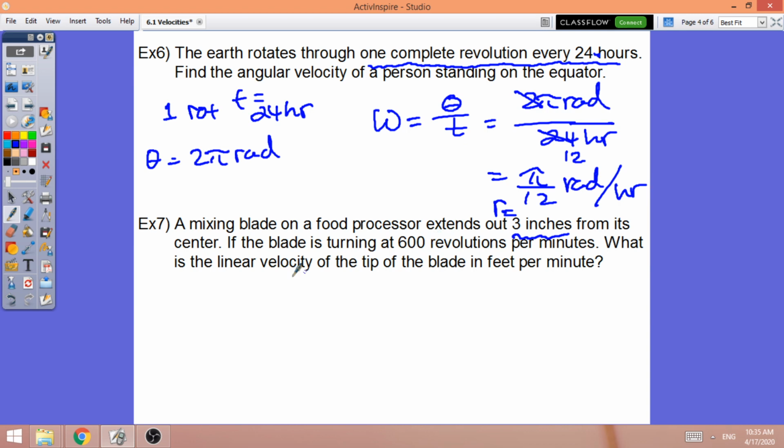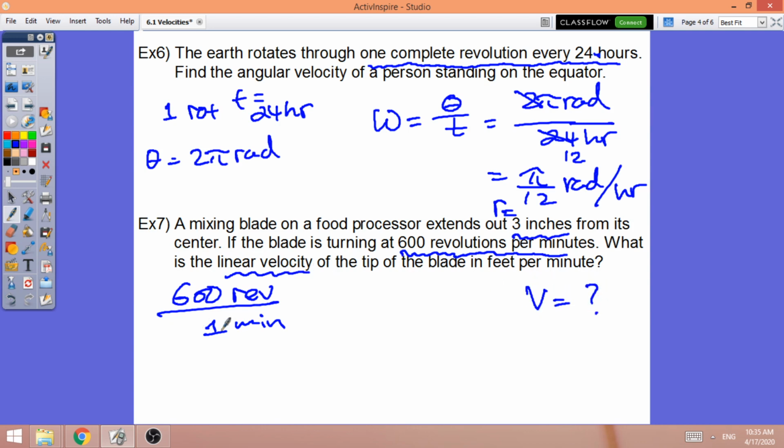And we do know that the blade is turning at 600 revolutions per minute. So that's pretty fast. And what's the linear velocity of the tip of the blade in feet per minute? So we need to find the linear velocity.